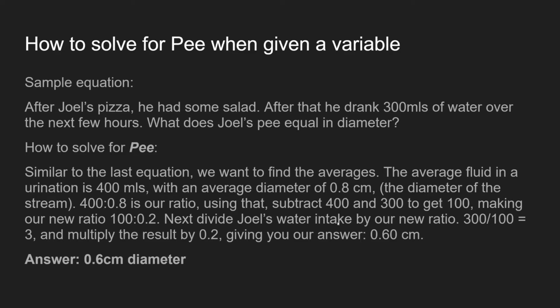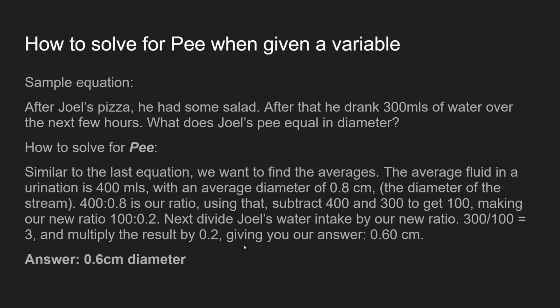Now, divide his water intake, which is 300 up here, by the number we just got, which is 100 in our new ratio. Multiply that number, so 300 divided by 100, simple math is 3, and multiply that by 0.2. 3 times 2 is 6, so it's 0.6.